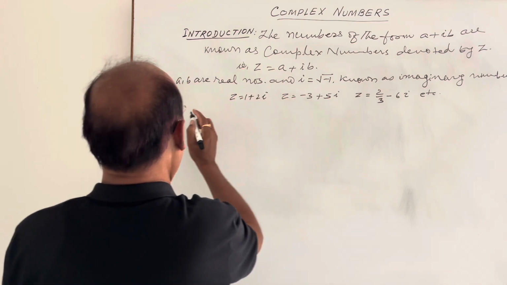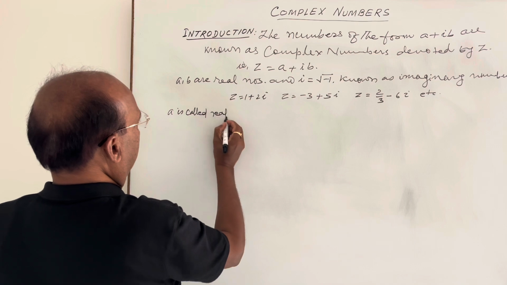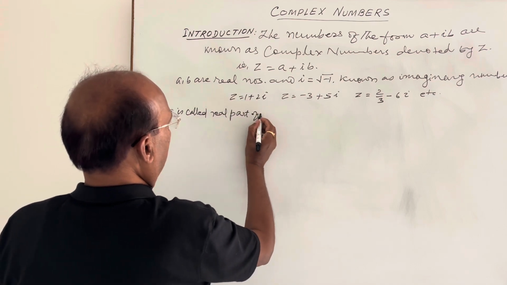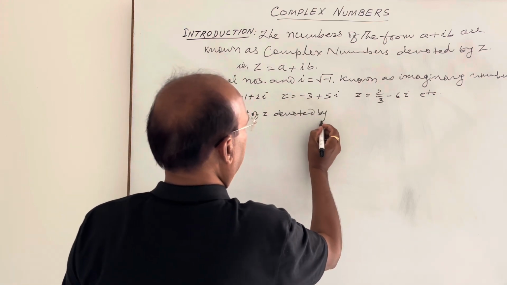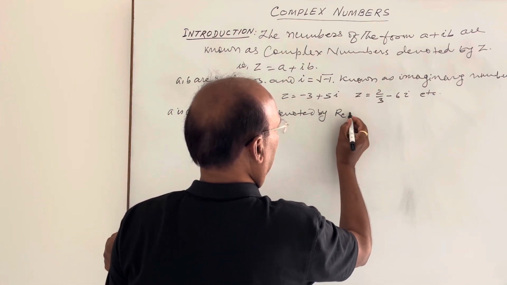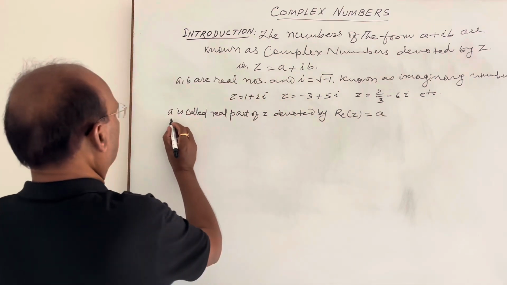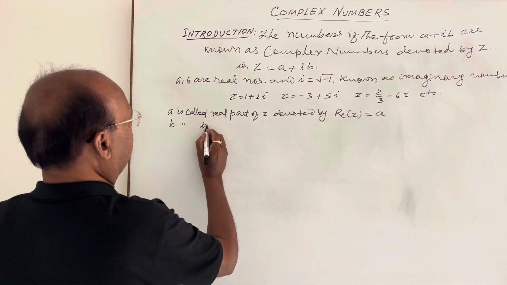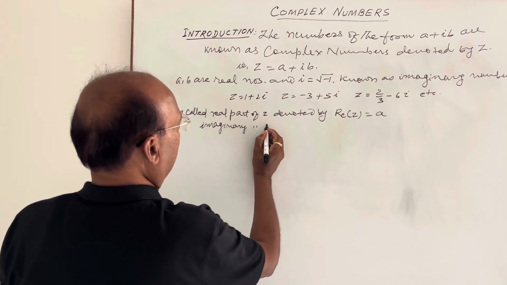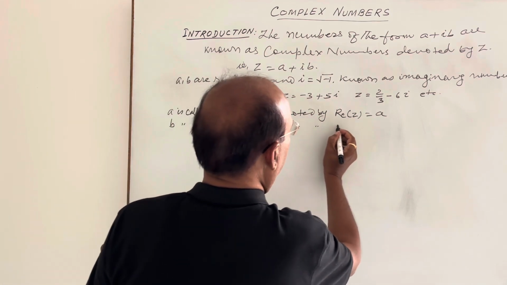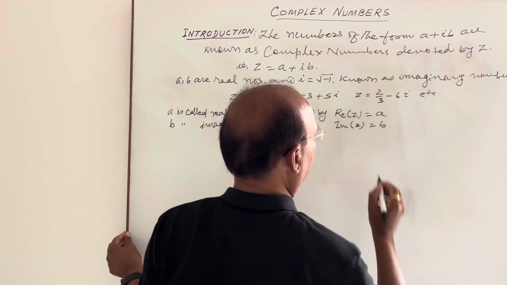Here a is called the real part of complex number Z and denoted by Re Z. So Re Z is here a, and b is called the imaginary part of Z, denoted by Im of Z, which is here b.